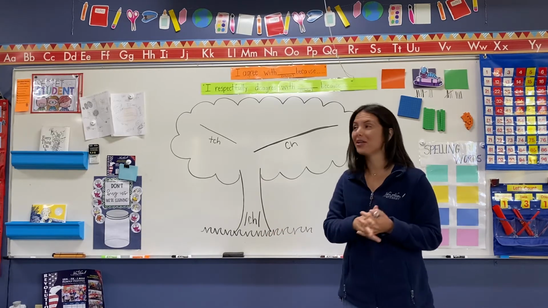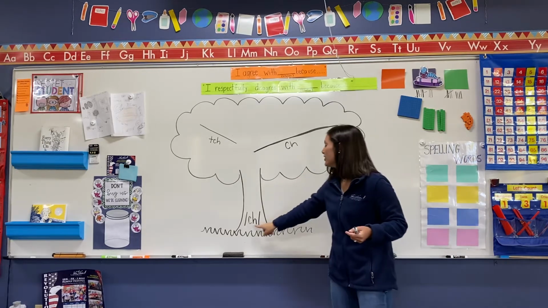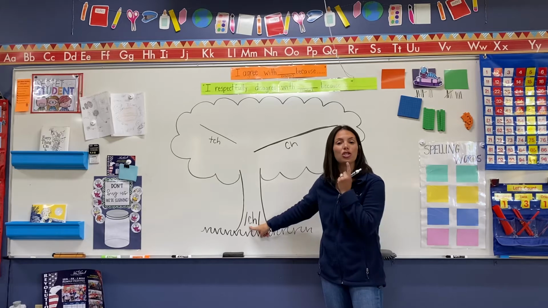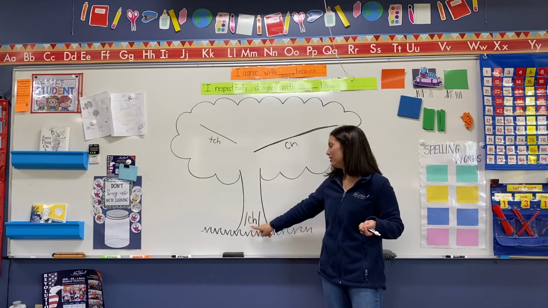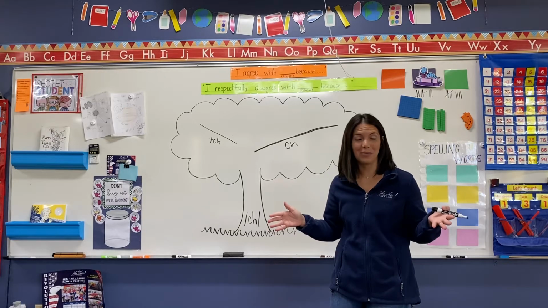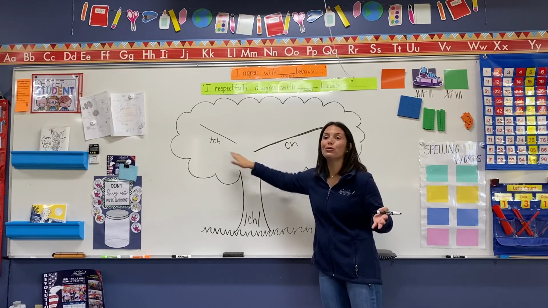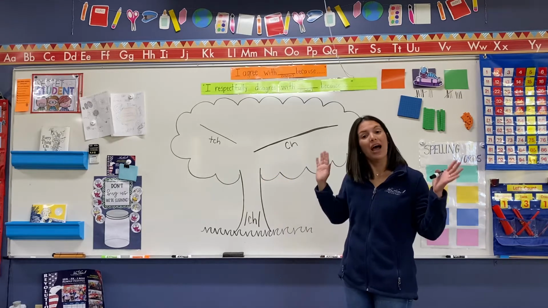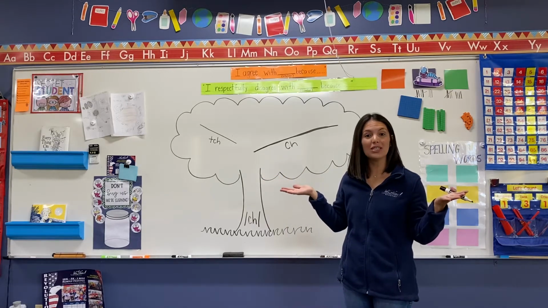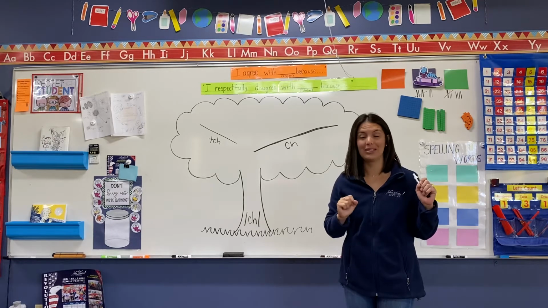Today, what we're going to learn are different spelling alternatives for the sound ch. When you hear the sound ch, there are different ways to spell it, okay? Remember our tree here? I have two different branches because the sound ch can be spelled two different ways.